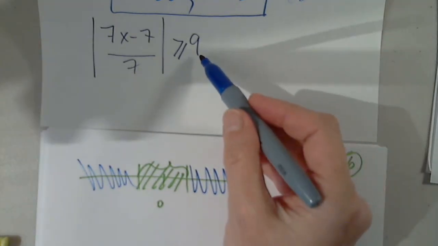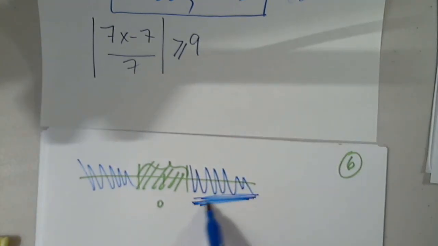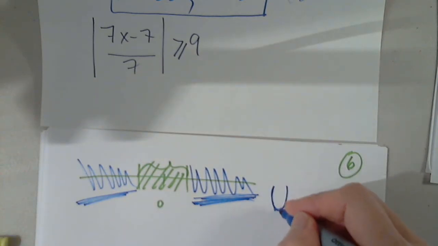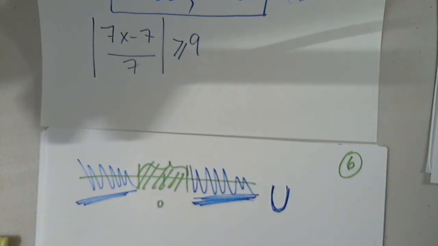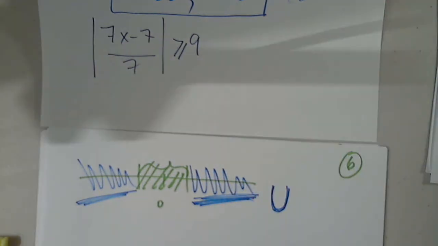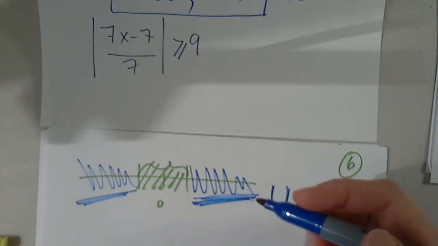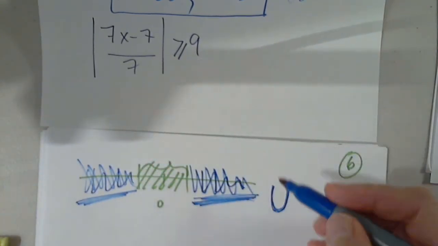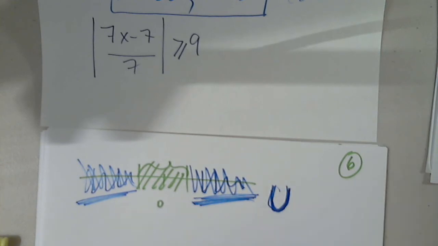This one, because it's greater than or equal to, it will be this situation. And we will have to use the union, because it's the absolute value greater than or equal to a number. Don't forget, this situation with greater than is outside, and the solution has to have the union.